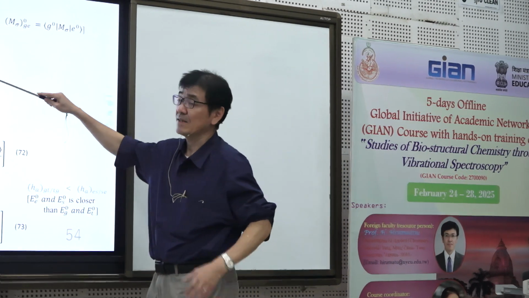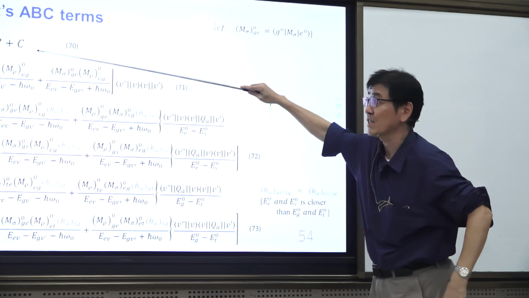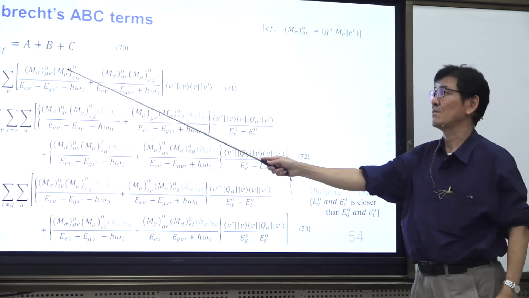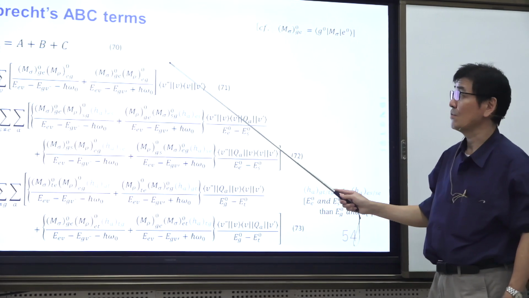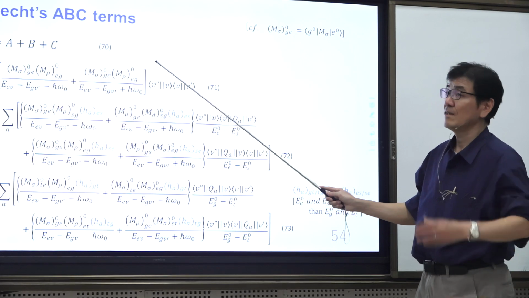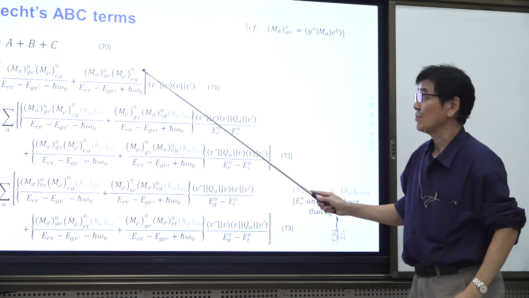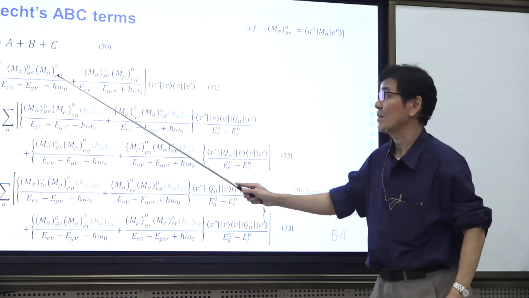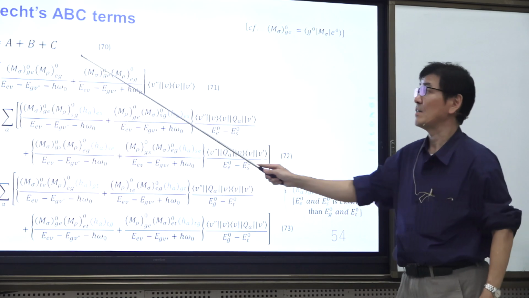By substituting the Herzberg-Teller expansion, we can classify it into three groups. The A group consists only of the main part of the electronic wave function. So initial, intermediate, final belong to ground, excited, excited, ground. So the main part gives the A term.